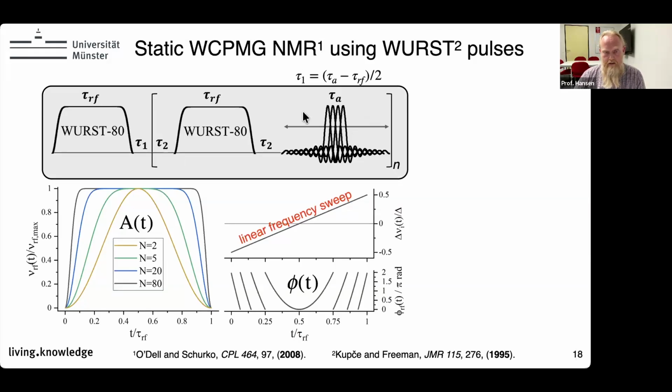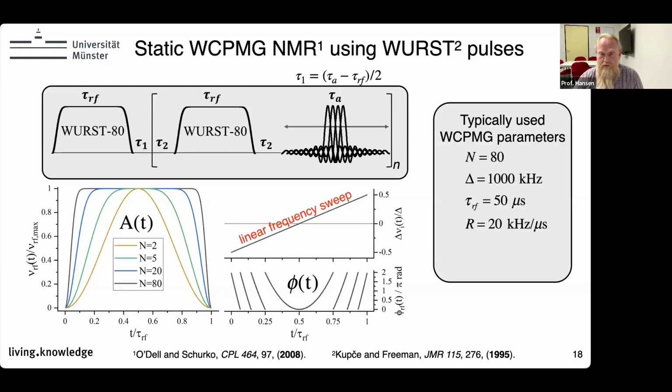And then you can repeat it in a CPMG-type fashion, and then you can record broadband spectra using these ultra-wideline pulses. The typical parameters that were used back then, and also for some time, are n equals 80, the bandwidth of the pulse, of course, which you have to set, and a typical pulse length of 50 microseconds.